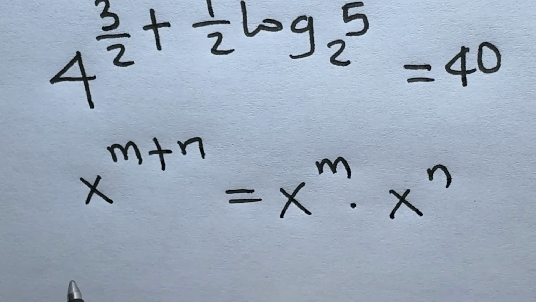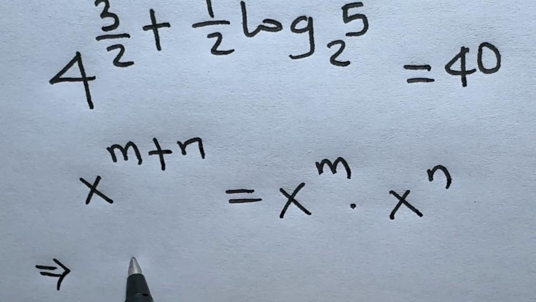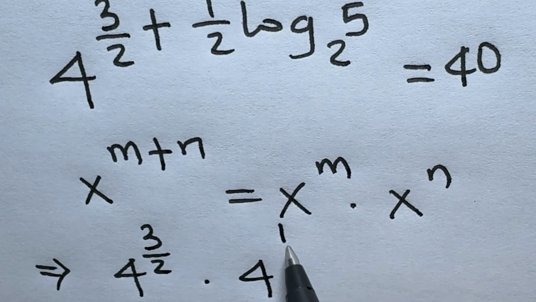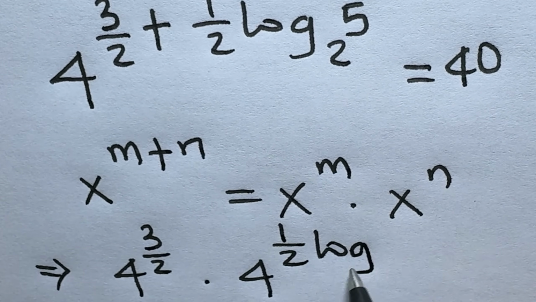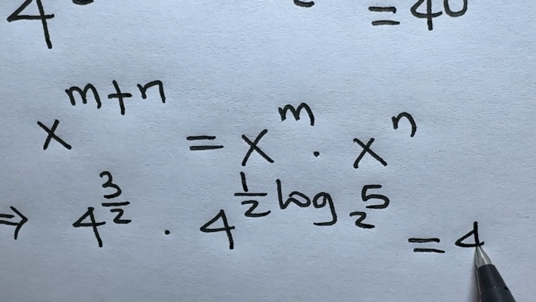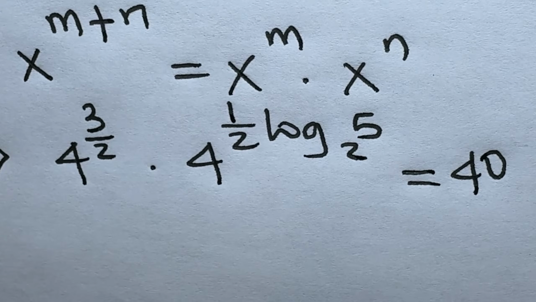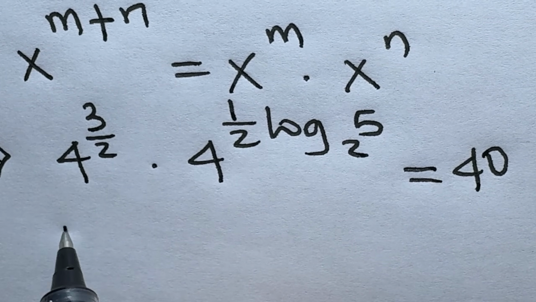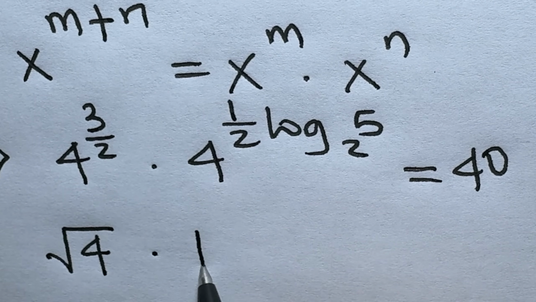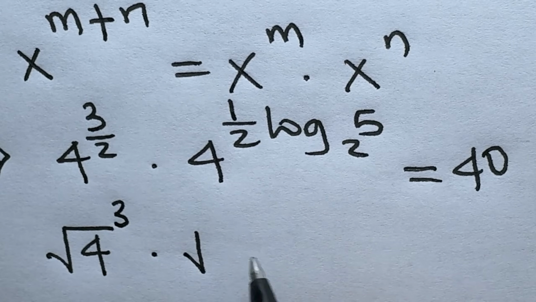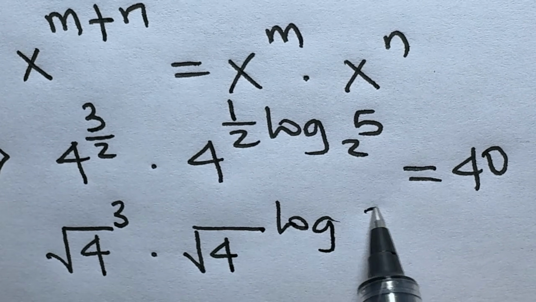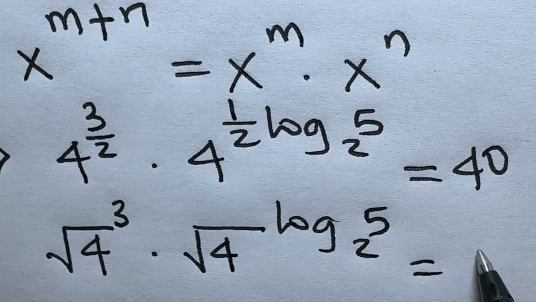Therefore, all of this now becomes 4 raised to power 3 over 2 times 4 raised to power 1 over 2 log 5 base 2 equal to 40. 4 raised to power 3 over 2 is square root of 4, then again, square root of this is raised to power 3. Then square root of 4 raised to power log 5 base 2 is equal to 40.